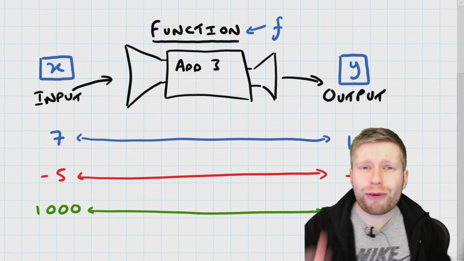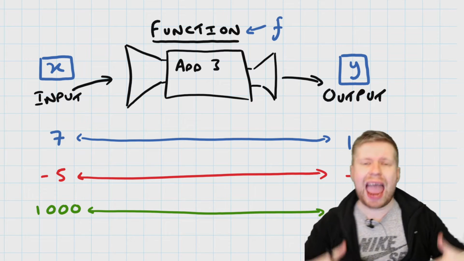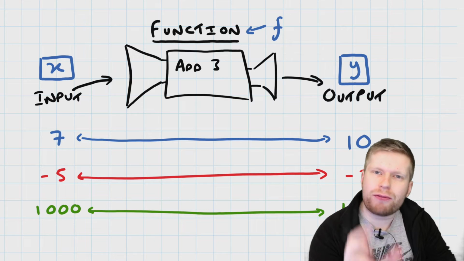But again, I could call it whatever I like. I could call it G, I could give it H, I could give it Eric if I wanted to. I'm simply giving my function a name.